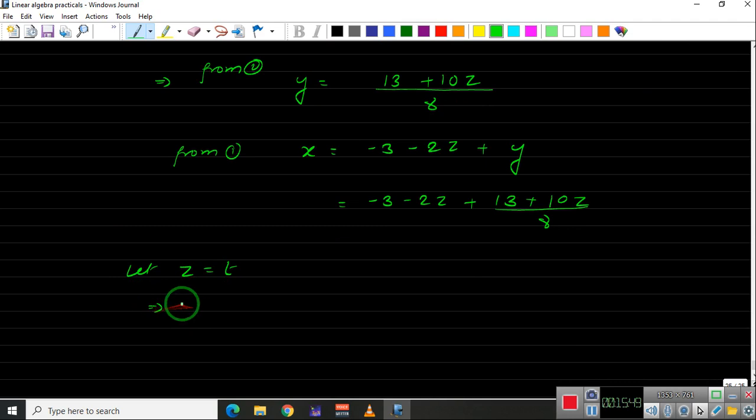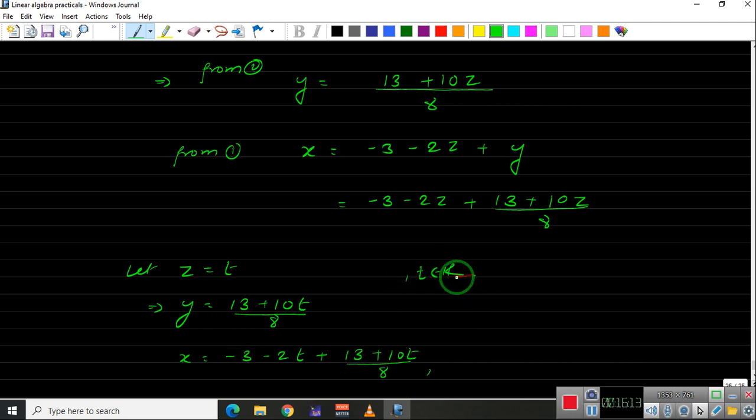This will imply our y becomes 13 plus 10t upon 8, and with the same thing we get x equals minus 3 minus 2t plus 13 plus 10t upon 8. In this case, t belongs to R.